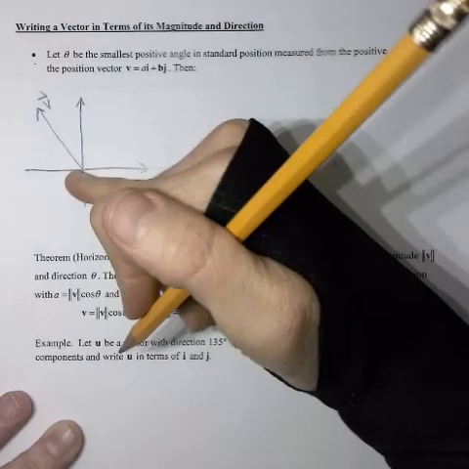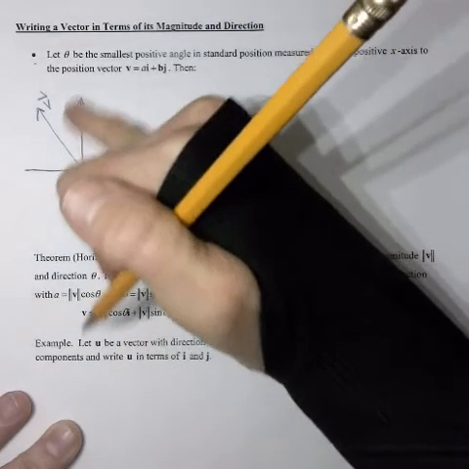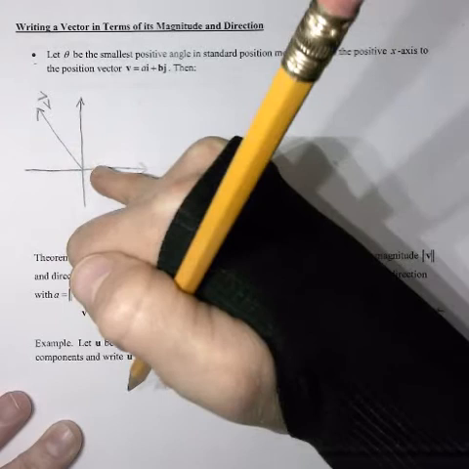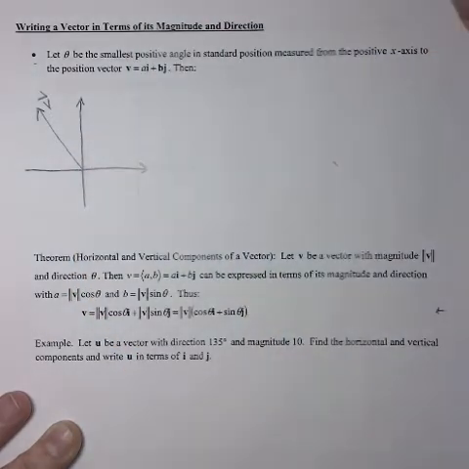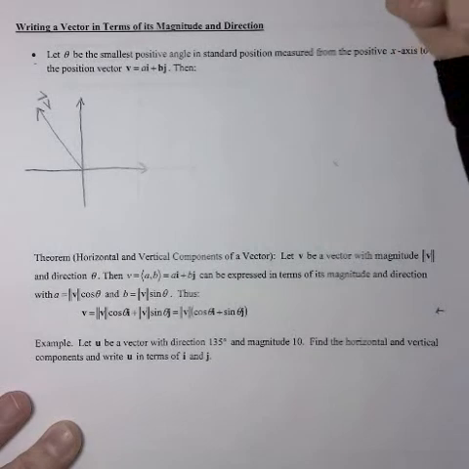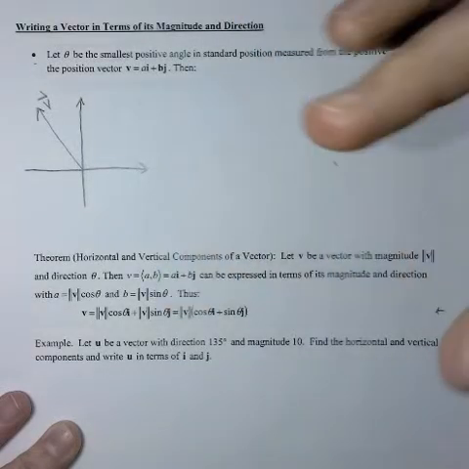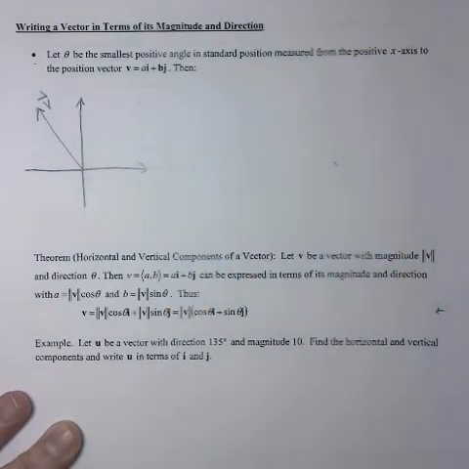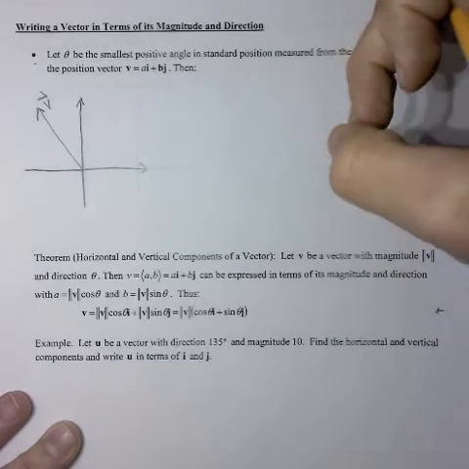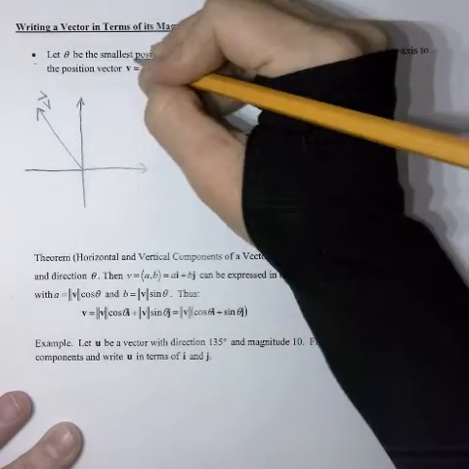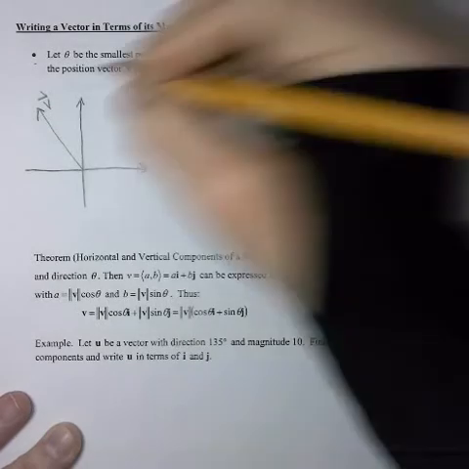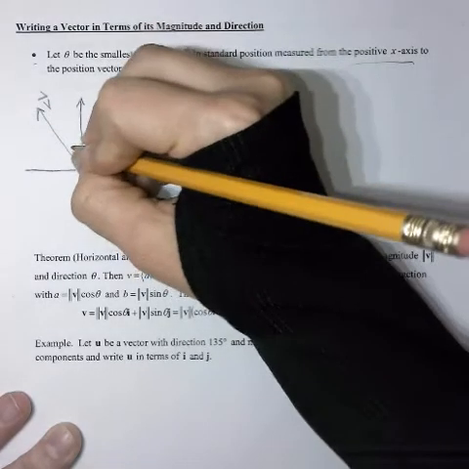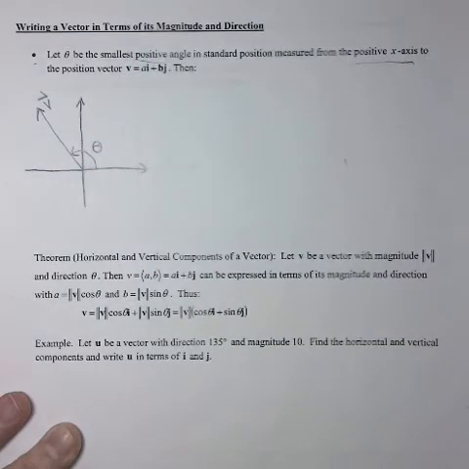Maybe we say due north and the vector's going here, but we want to state that as an angle. And so the way we're going to do that, no matter how the information is given in the problem, we should translate that into the smallest positive angle in standard position, measuring from the positive x-axis to the vector. So this would be the direction theta.